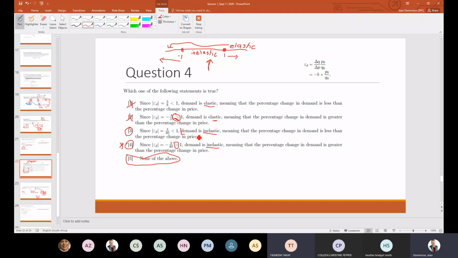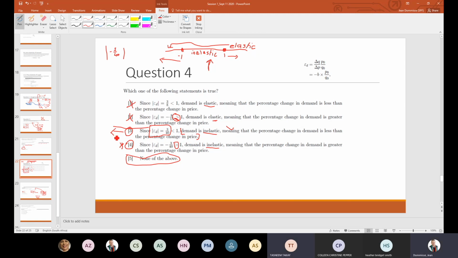We worked it out as -3/4, but because it is an absolute value, it turns positive, which is right, and then it is smaller than 1. And then the entire statement makes it correct. Hence number 3.